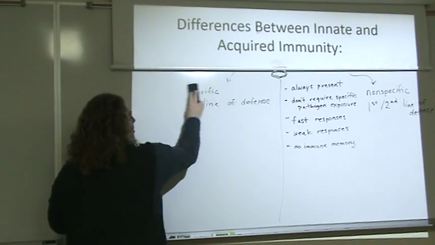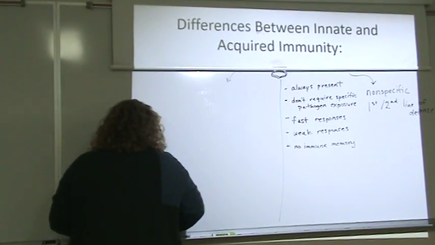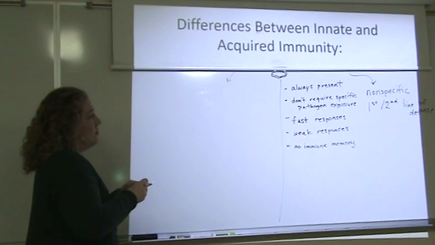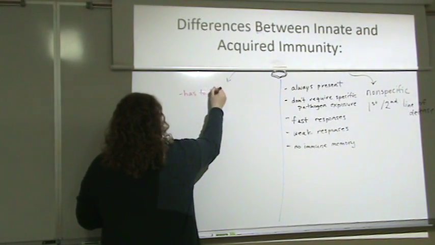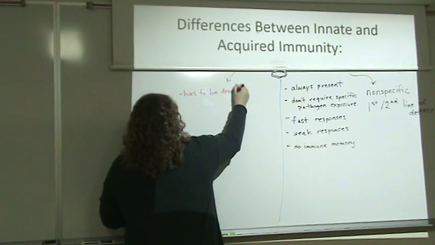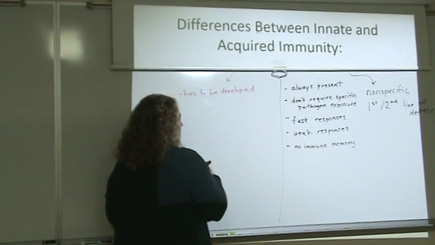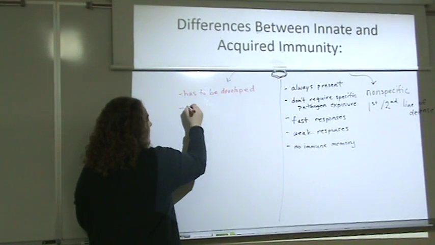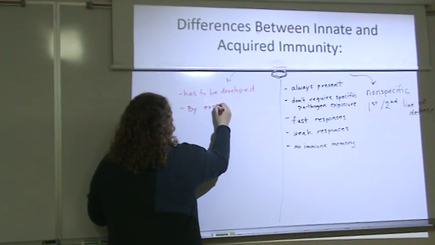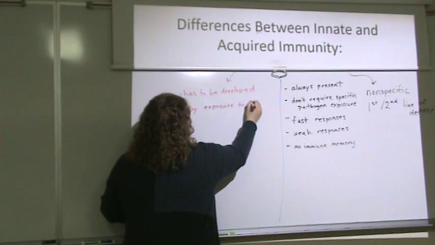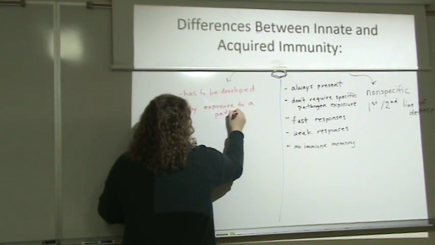So I'm going to line them up. Okay, so for specific or acquired, this one has to be developed. You're not born with this part. It has to be developed specifically by exposure to a pathogen.